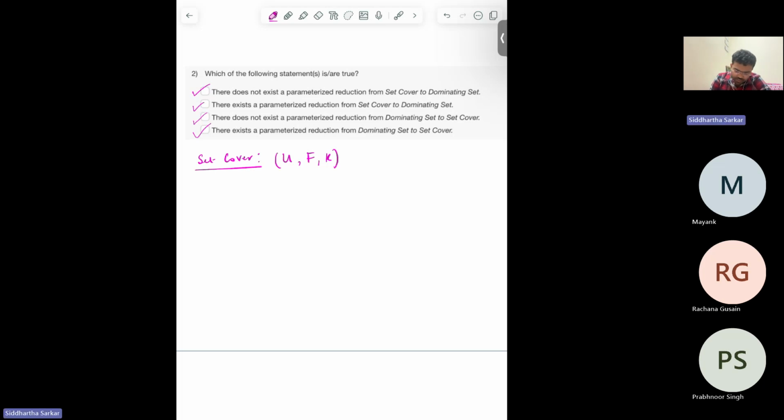This is the input, and the question is, does there exist a subfamily F' of F such that the union of these subfamilies is the universe, and of course the size of the subfamily is at most k. That is the question.